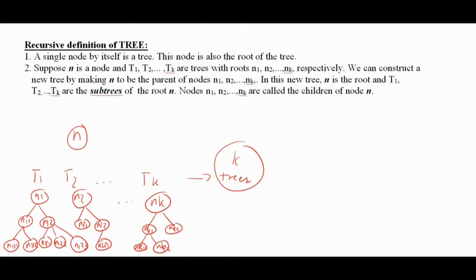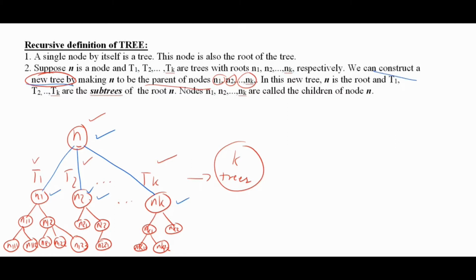Now out of this one node and k trees, we can construct a new tree by making n the parent node of nodes n1, n2 up to nk, which become children nodes of this single node n. So there will be a connection now from n to n1, n to n2, and n to nk. As a result, we have constructed a new tree.